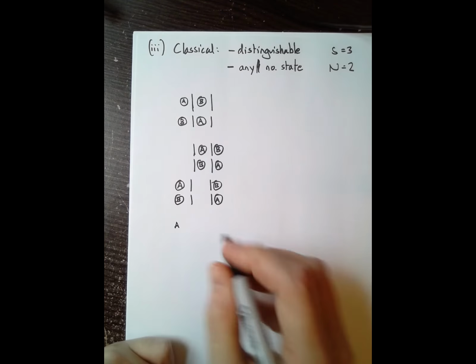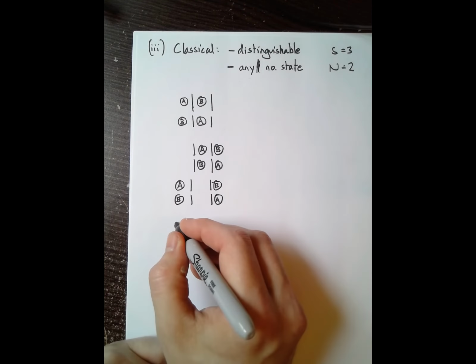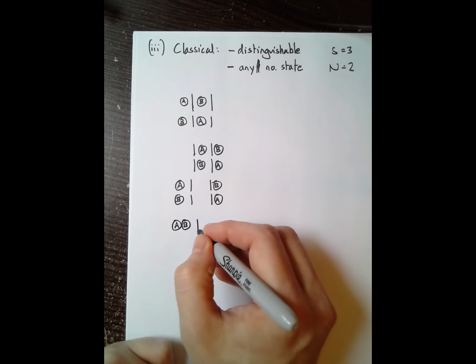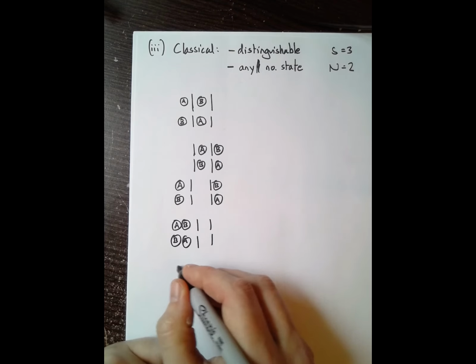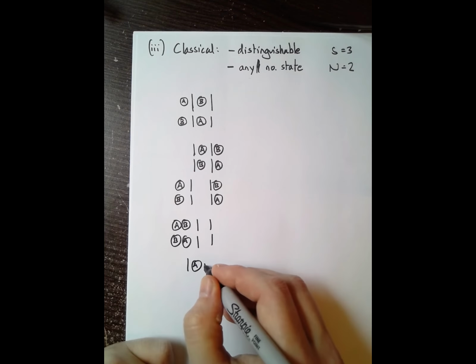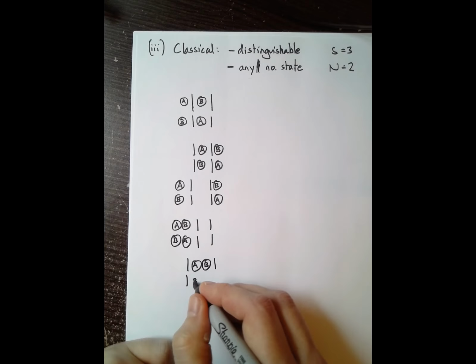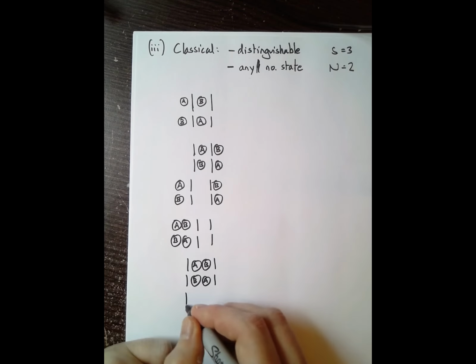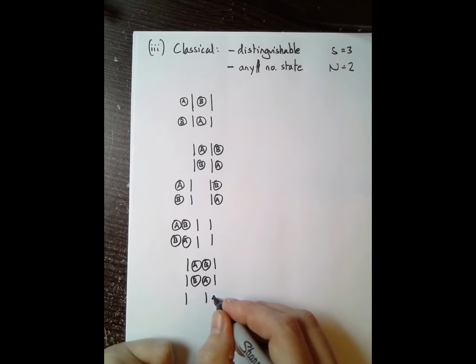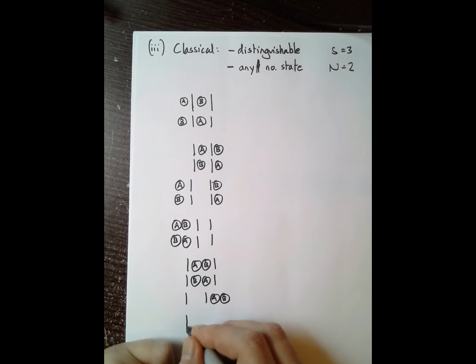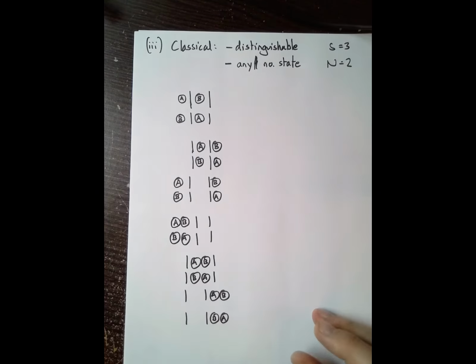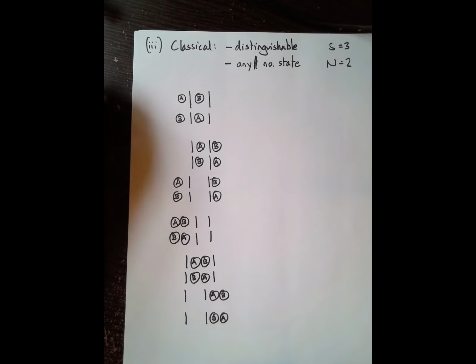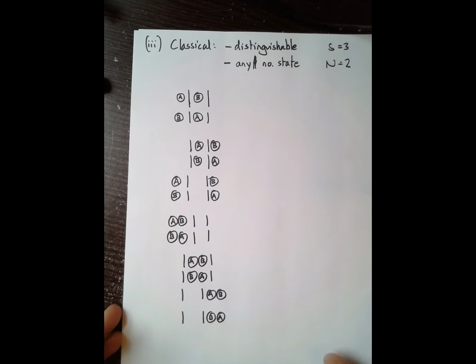And since we've got just two particles, let's continue on and complete this. Okay, so this is the number of microstates that we have. We now have 12.